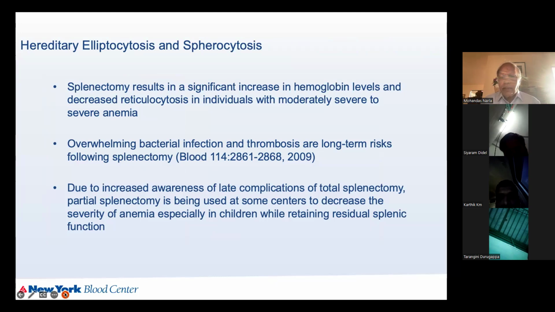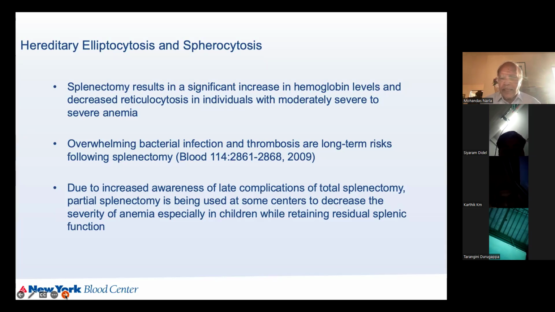But I must point out that there's very good evidence lately that overwhelming bacterial infections and thrombosis are long-term risks following splenectomy, and this needs to be taken into consideration in managing patients with these two membrane disorders. And due to increased awareness of late complications of total splenectomy, partial splenectomy is being used at some centers to decrease the severity of anemia, especially in children, while retaining residual splenic function.